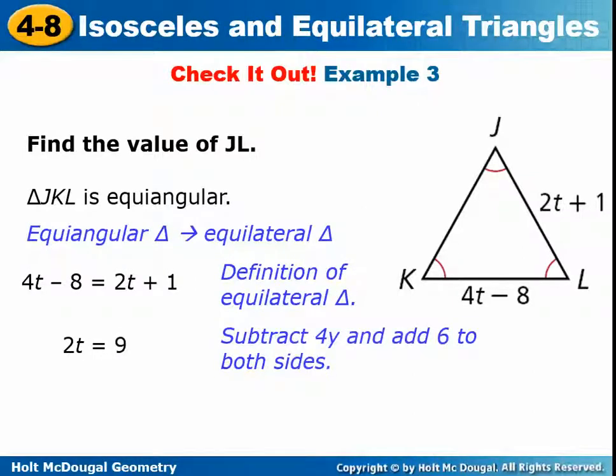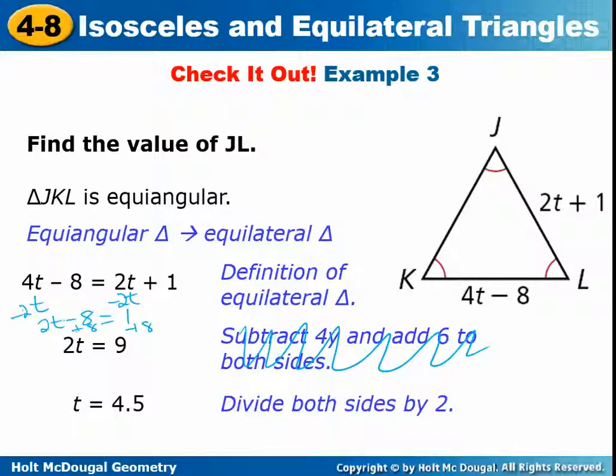Solve for t. Subtract 2t from both sides. Hey, there's a mistake in here. You would subtract 2t from both sides. And then you would add 8 to both sides. And you'd get 2t equals 9, and you get t equals 4.5.